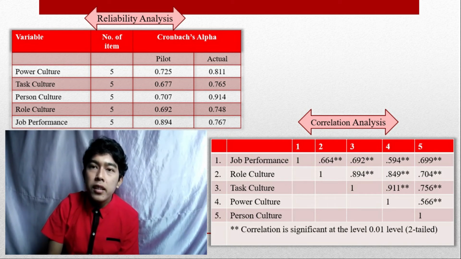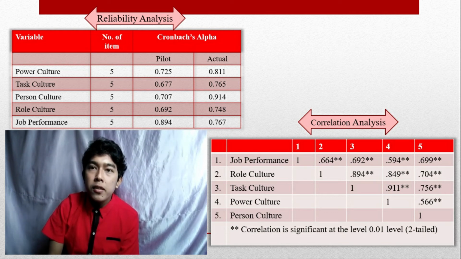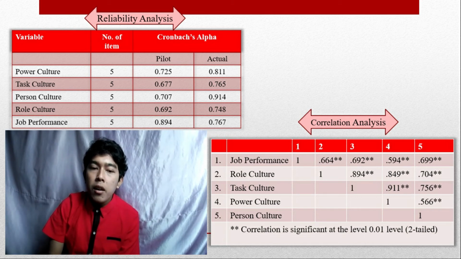My result shows that all my data is reliable. And for the correlations, it shows that all my independent variables have a strong, positive, significant relationship toward job performance.